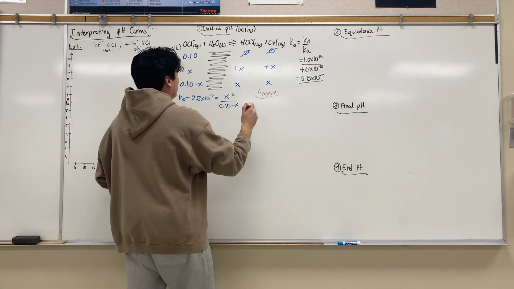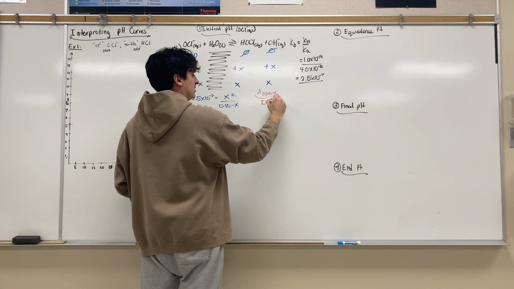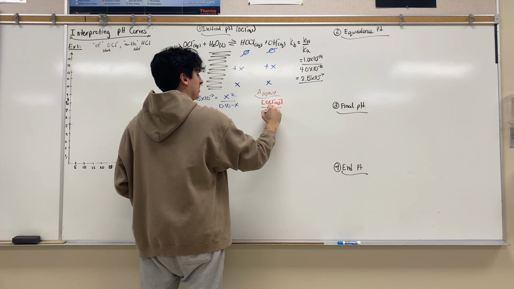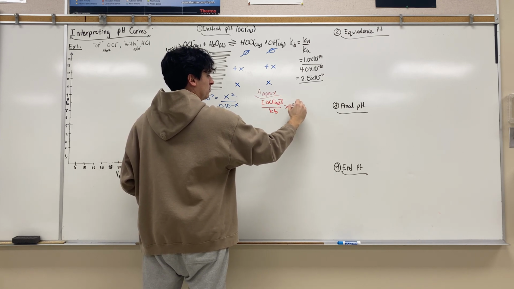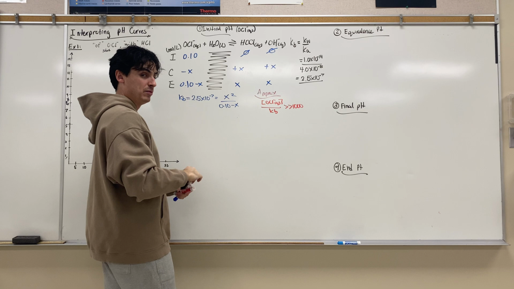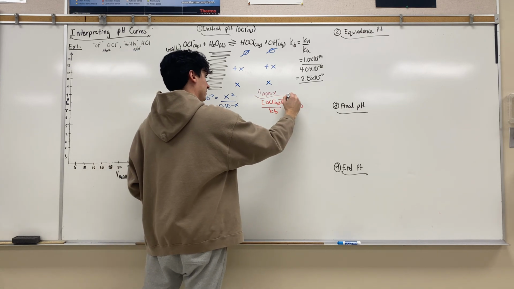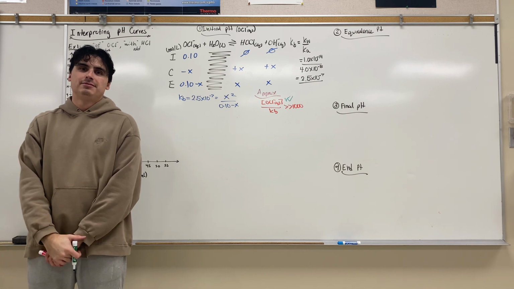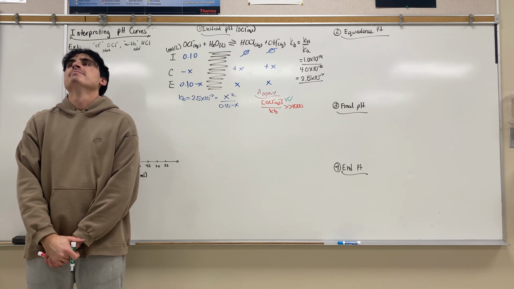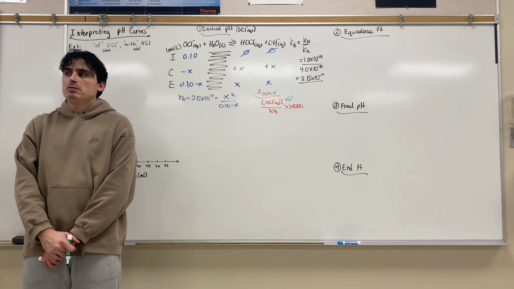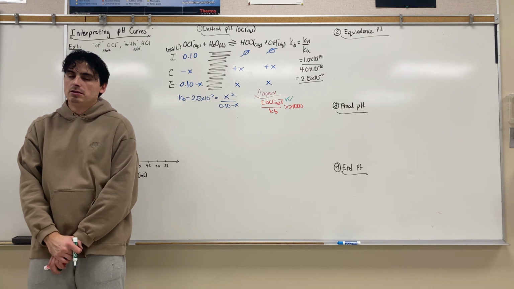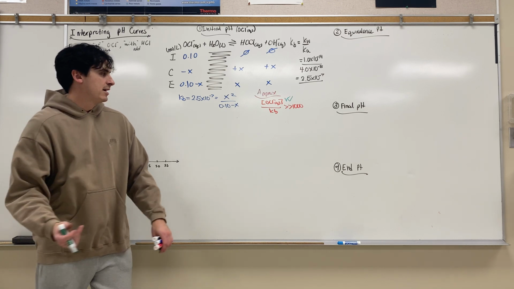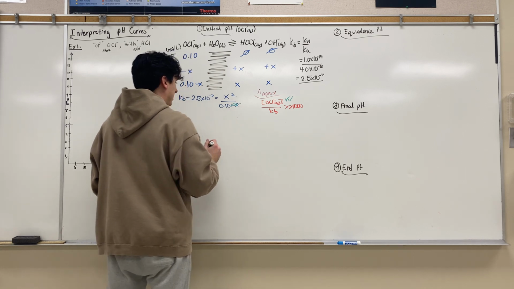Now, you're gonna take OCl minus, the initial concentration, divide by Kb. Show me in your calculator, or Mr. Burnett, that it's gonna be greater than 1,000. Okay, greater than 1,000. X goes away.